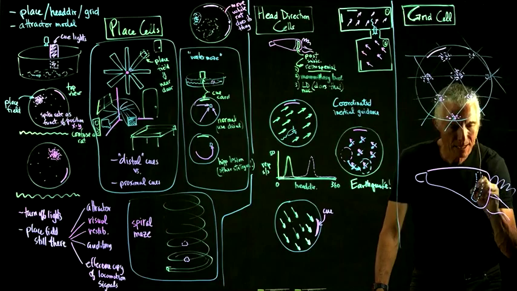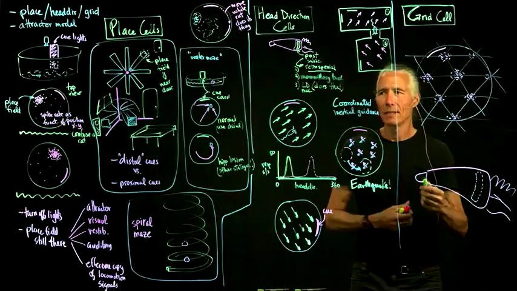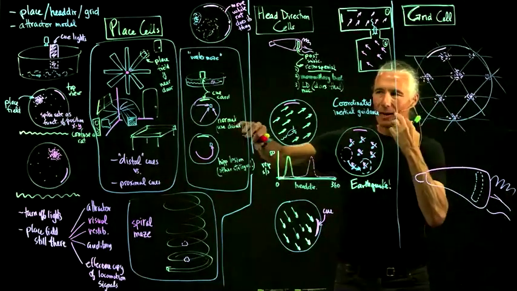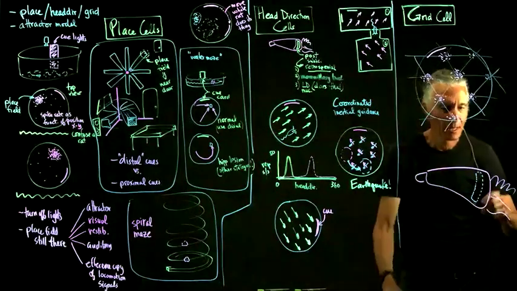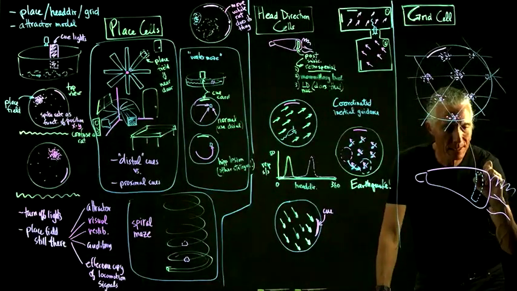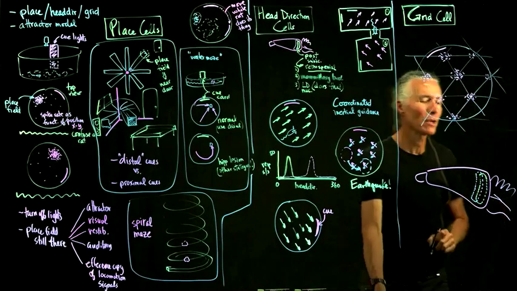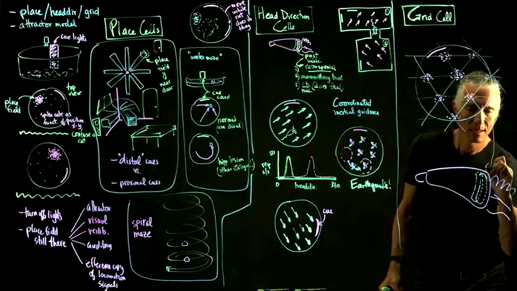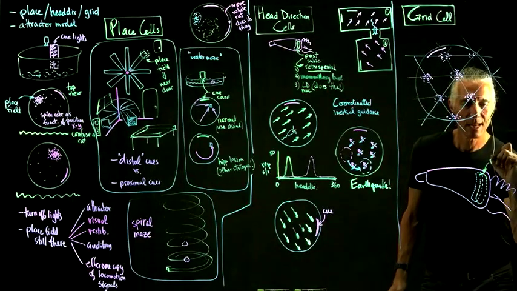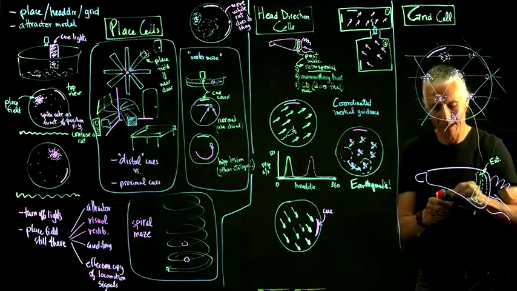And then the entorhinal cortex is kind of right next to the hippocampus. From a side view, it's slightly behind, like that, but it's parallel to it. It's about as long as the hippocampus. And so this is entorhinal cortex, and this guy is hippocampus.